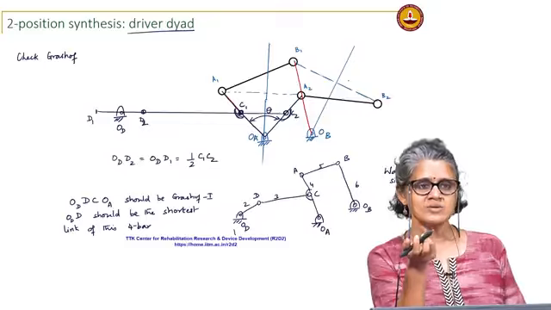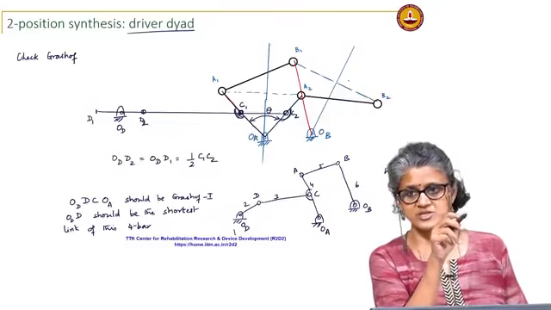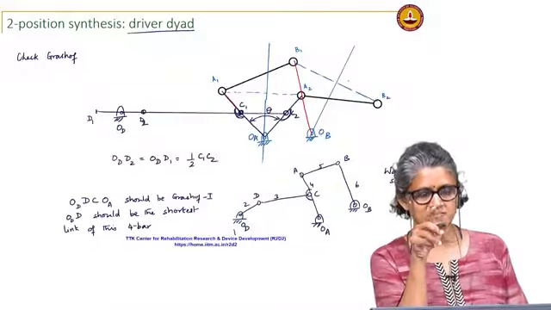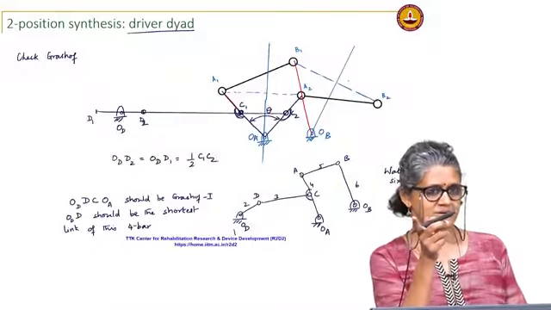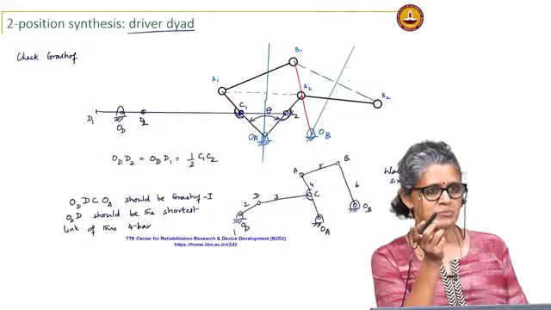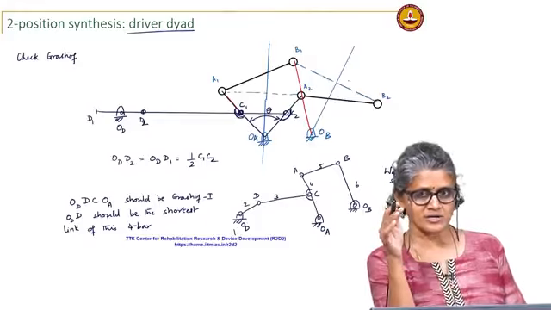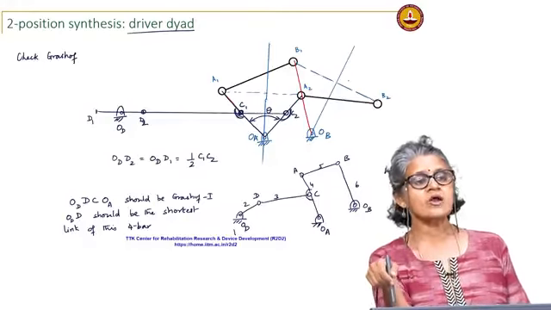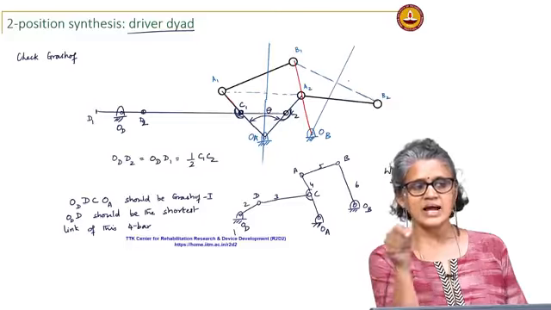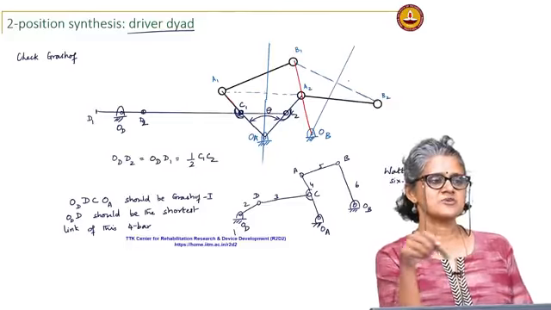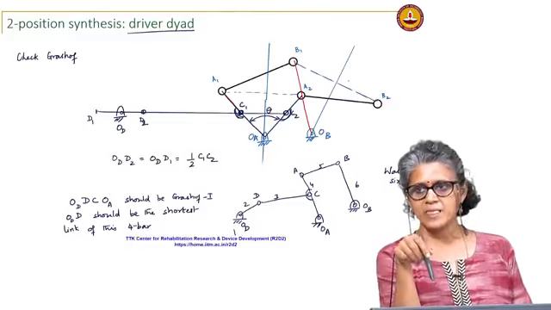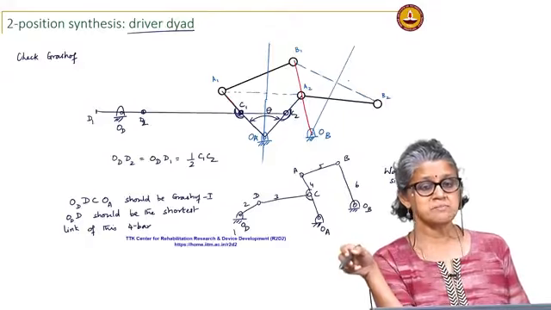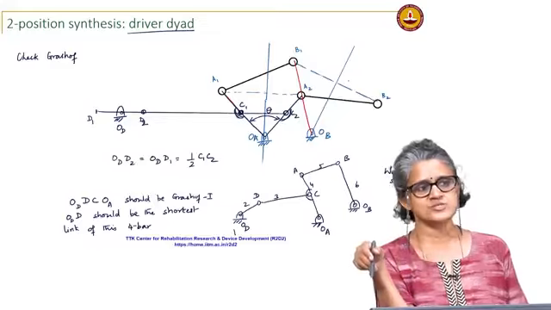So, if you encounter toggle positions, for instance, I hope you remember what toggle positions are, when you can no longer drive the link with the same input, you can't drive the mechanism, it gets locked in that position. If you encounter that, then A1 B1 cannot move to A2 B2, and that is not something you can check from the synthesis procedure alone, because this only guarantees assembly of the linkage in the 2 positions.